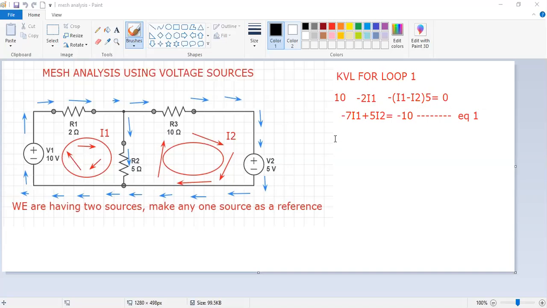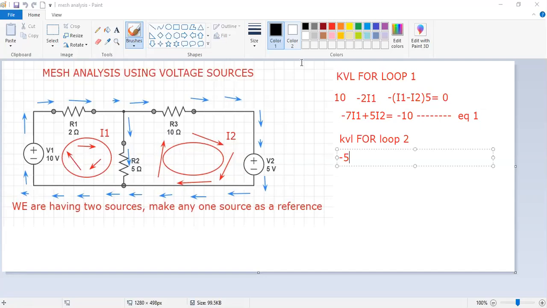Now coming for apply KVL for loop 2. Then again we know the loop current is coming from plus to minus for a given voltage source. Then I can say whenever plus to minus, minus 5.